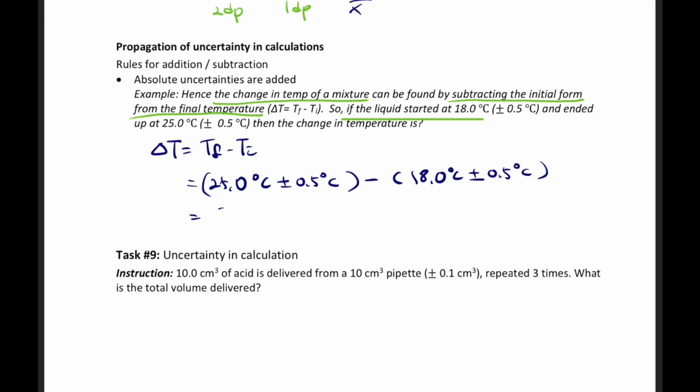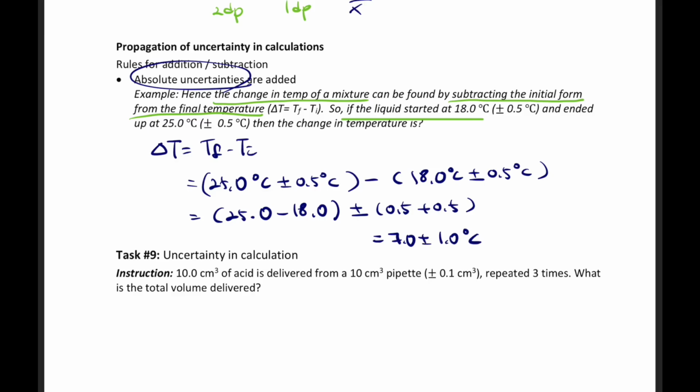This is the same as 25.0 minus 18.0, plus minus 0.5 plus 0.5, because we are adding the absolute uncertainties together. And the final answer is 7.0 plus minus 1.0 degrees Celsius. You don't have to write the unit every single time you write your measurement or uncertainty. You can just write it once at the end.